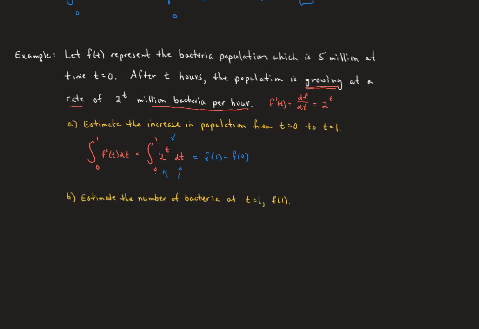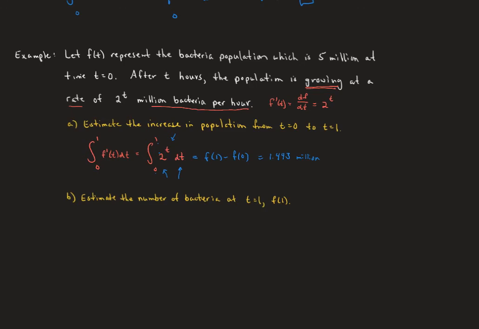And I believe that's going to be 1.443. So in the context of this problem, that means that our population of bacteria has increased by 1.443 million bacteria.